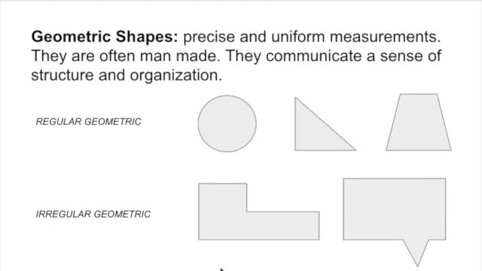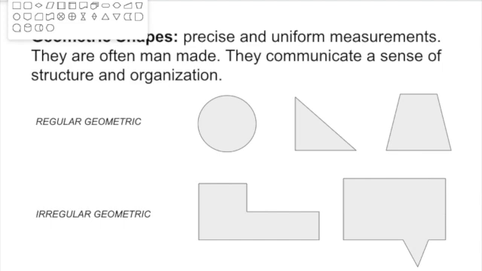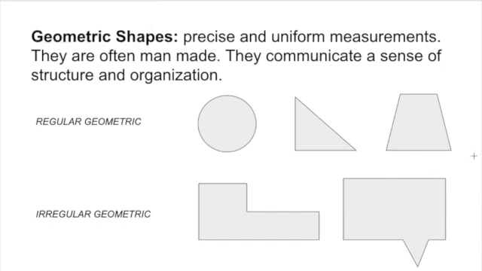Okay, but we are also capable of creating very irregular geometric shapes. This does have 1, 2, 3, 4, 5, 6 sides, and it's technically a hexagon, but it doesn't really fit with our full understanding of what a hexagon would normally look like.